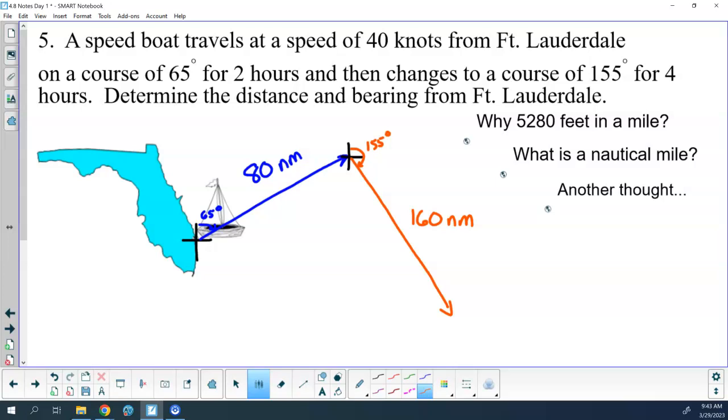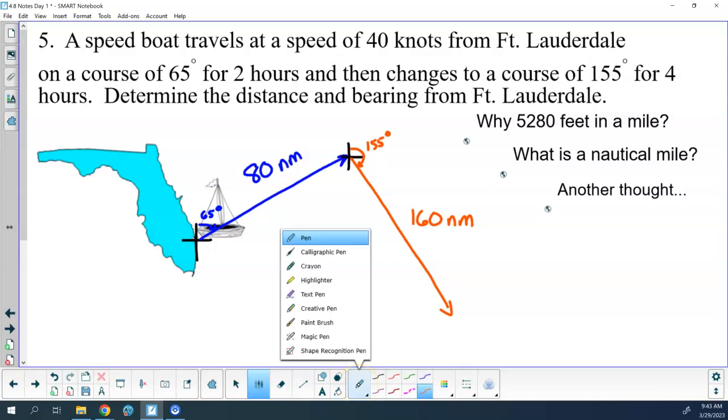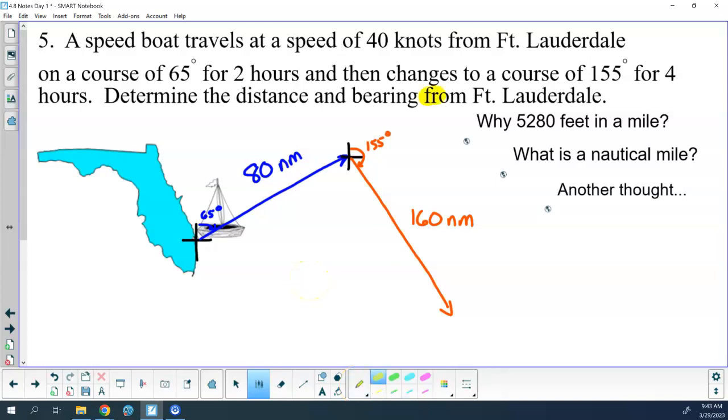Now, when you're doing these problems, the words matter. This word right here, you may not think is very important, but that word, "from", is hugely important. Because the distance is going to be the same.